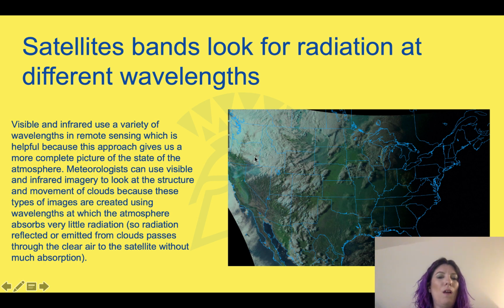They can look at the movement of clouds and the structure of clouds. When I'm storm chasing, I look for cumulonimbus, like storm clouds. I don't see any right here, maybe over there, but that's what we're looking for. Different scientists studying different types of clouds can look at this band to have a quick snapshot.